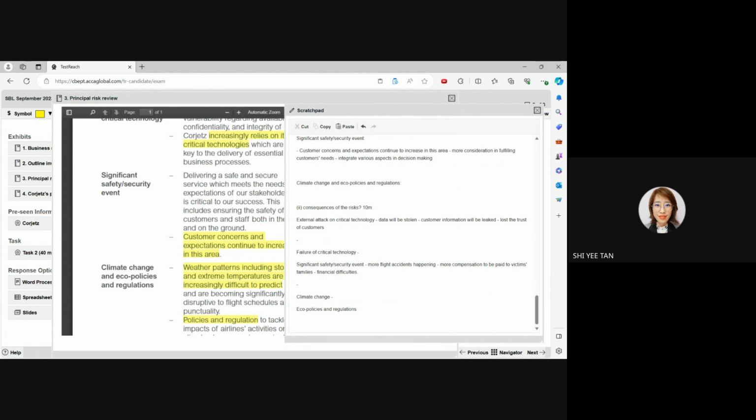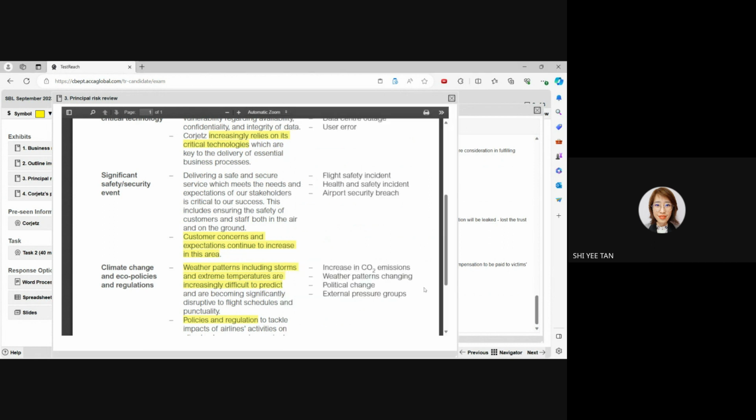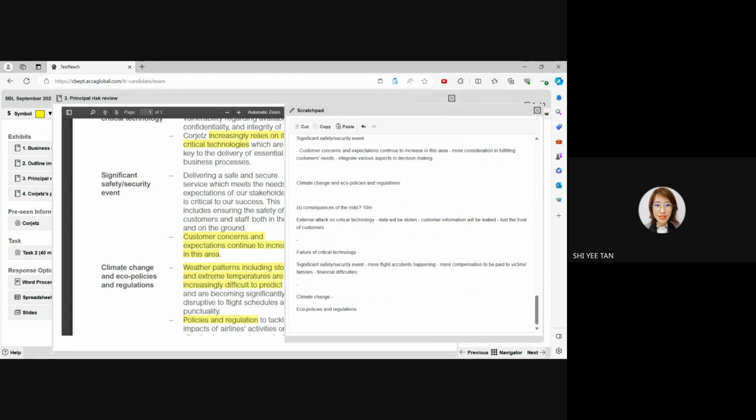You are either not able to predict and then you have an accident, or else you may need to have more backup plans to safeguard against possible issues due to weather patterns.